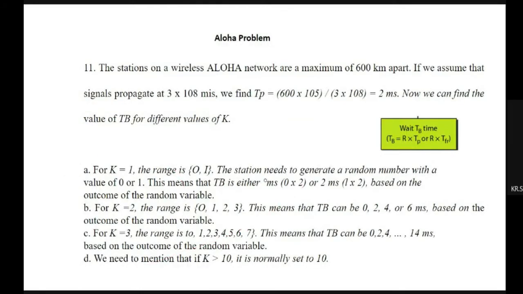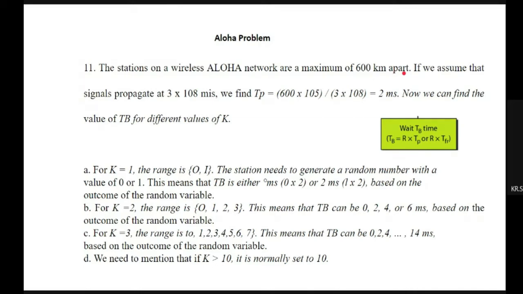Next, the Aloha problem may also be asked, so you have to remember the waiting time. Average waiting time: the stations on a wireless Aloha network are a maximum of 600 kilometers apart.